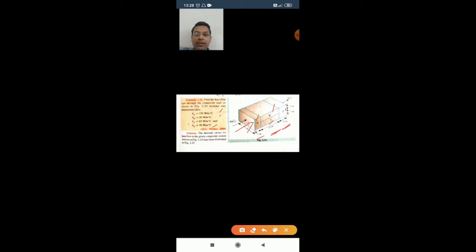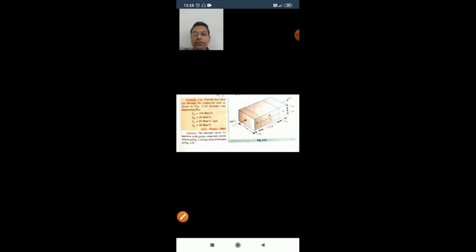Now for B and C, the area will be 10 into 3 for B. I am looking at this because when we calculate area, it will come into the picture. Now we have to determine the heat flow through the system. From the diagram you can see that temperature is not given at any point inside the composite system, only the temperatures at both ends are provided, and they are 400 degree centigrade and 60 degree centigrade respectively.